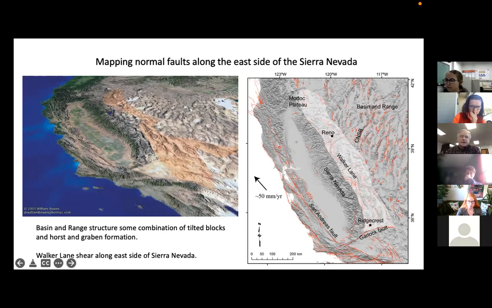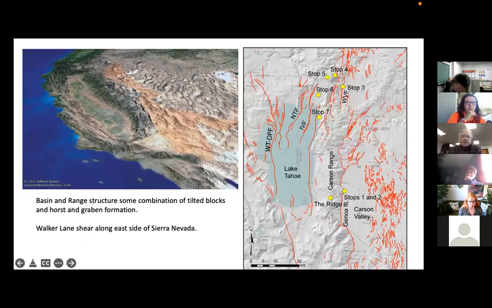The fault that we were looking at, the Carson King normal fault, and the general fault to the south of it were originally Basin and Range extensional structures, and now they're being somewhat overprinted by this right lateral stress regime coming through the Walker Lane, which accommodates about 10 to 15% of the relative Pacific North American plate shear along its faults.